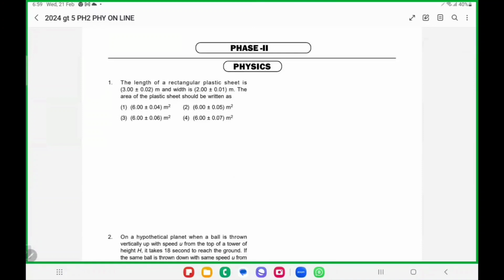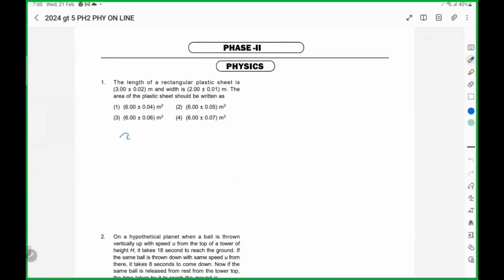The length of the rectangular plastic sheet and its width are given, and we need the area of the plastic sheet. Here area is equal to length into breadth, simple multiplication.